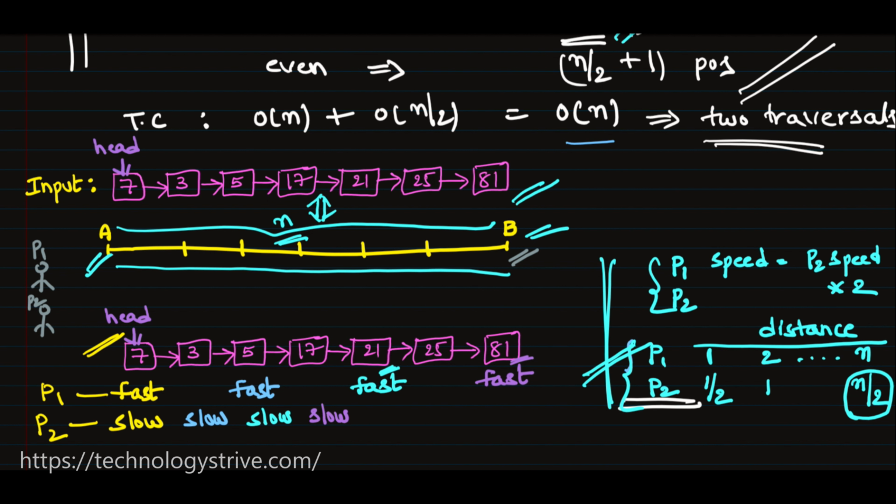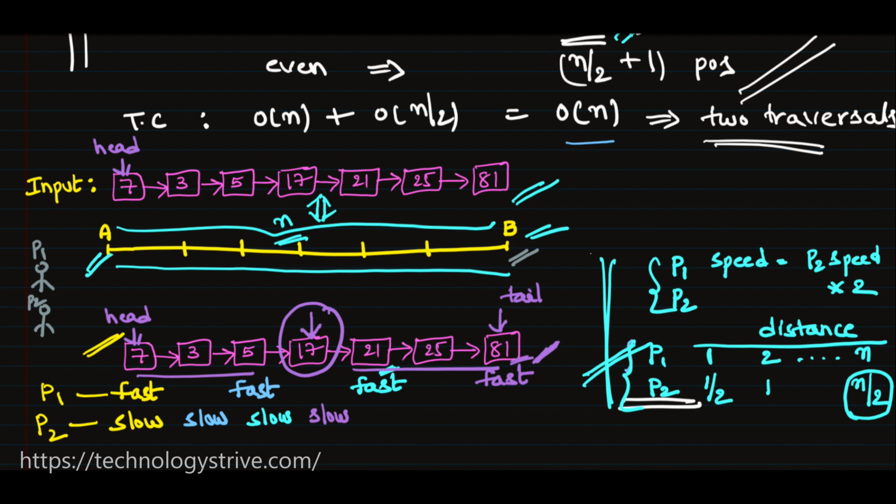So the fast pointer, P1, has already reached the end of the linked list. The terminal point has been reached. This is the tail or end of the linked list, and by this time P2 has reached this element. If you notice, this is exactly the middle element of the linked list.